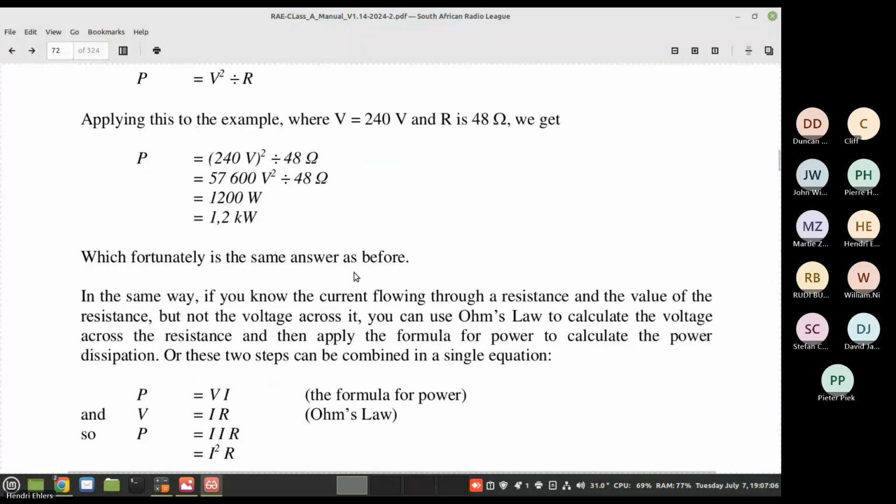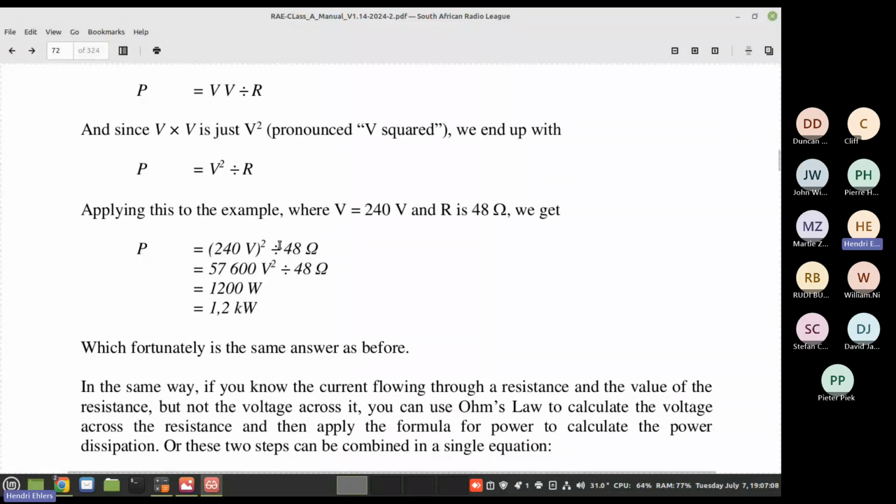Right, so what I would suggest is take your calculator and calculate all of these things. I skip a couple of steps, but you can do that step by step.